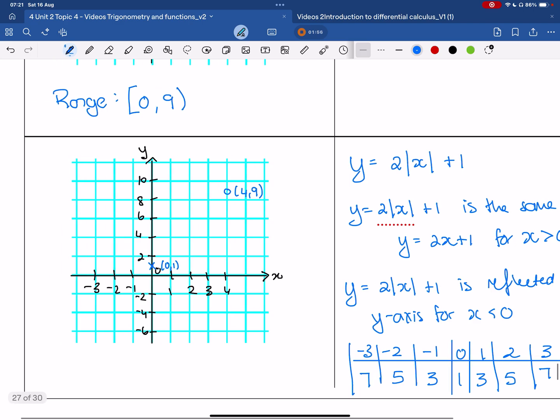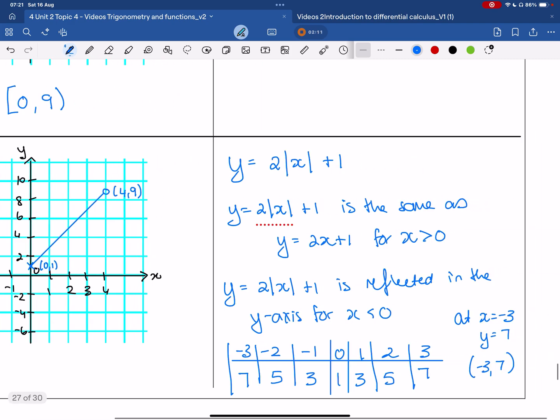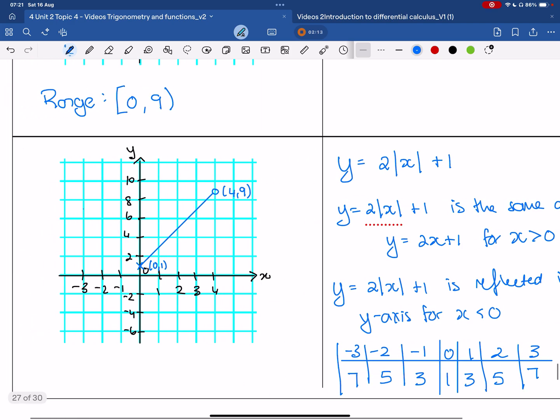Okay, but now I'm going to reflect this line that I've got over here in my y-axis. But now obviously I'm not going all the way to negative 4, positive 9. I'm just going to negative 3 and 7, and that's going to be included.